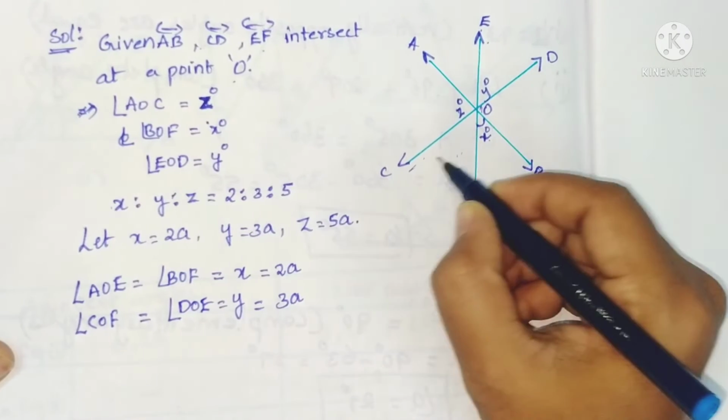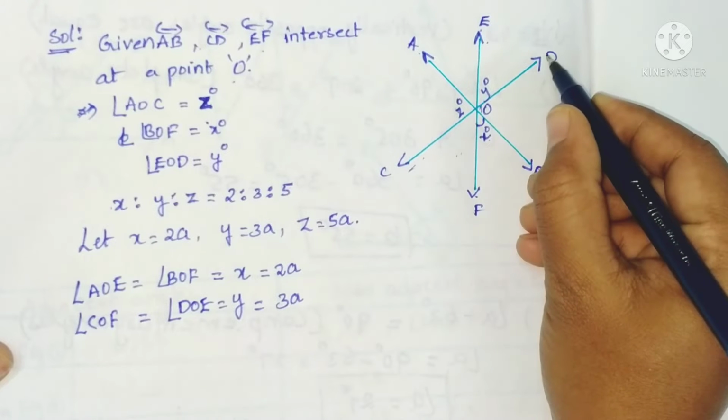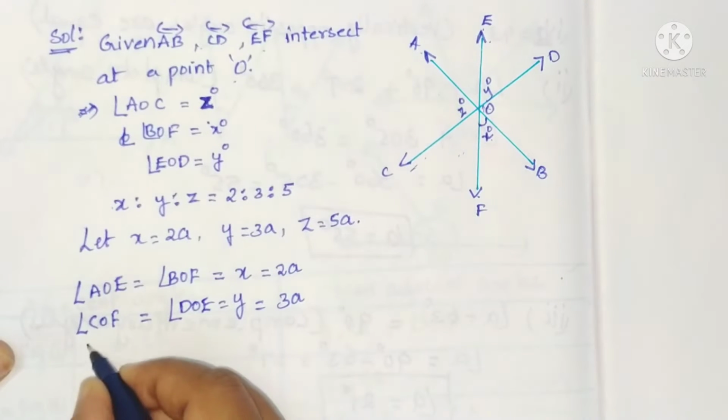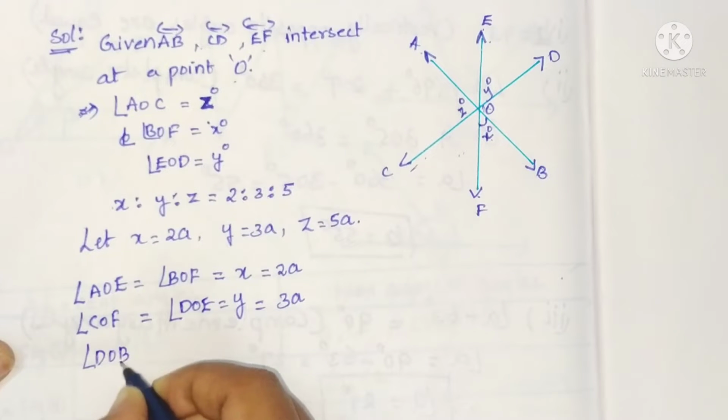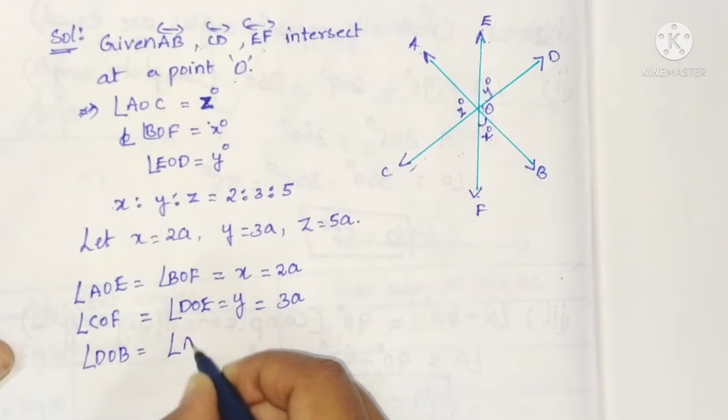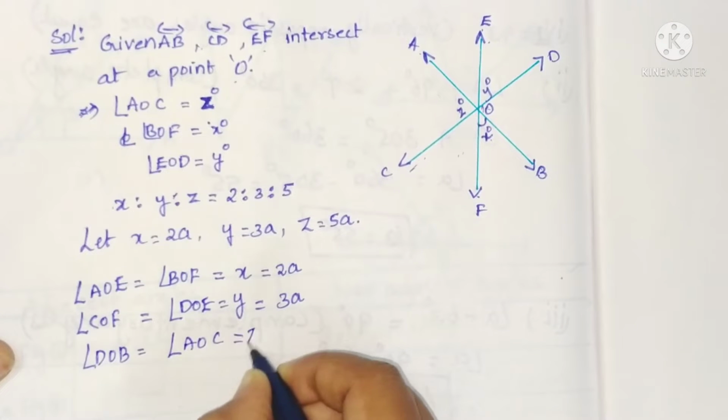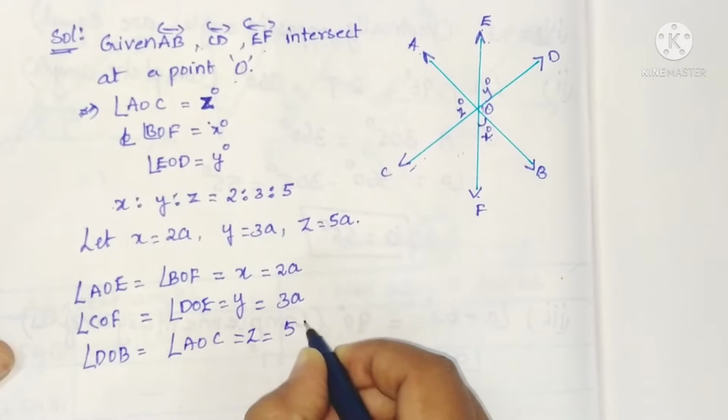And similarly, angle AOC equals angle DOB equals z, that is 5a.